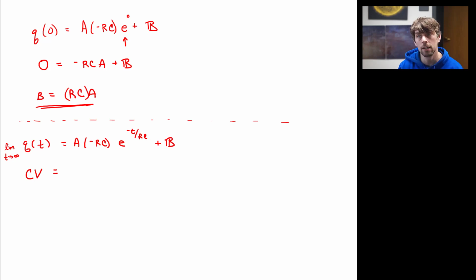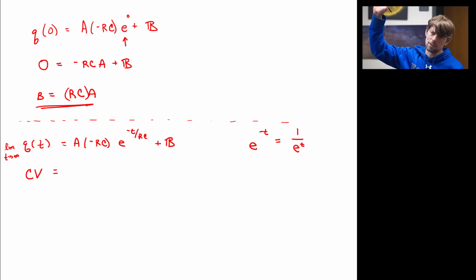On the right-hand side, we notice that as t gets very large, e to the negative t gets very small. Good. Don't forget, you can write e to the negative t as 1 over e to the t. So if t gets really large, e to the negative t gets very small, close to 0. Now I know you said, Greg, there's an RC in there.